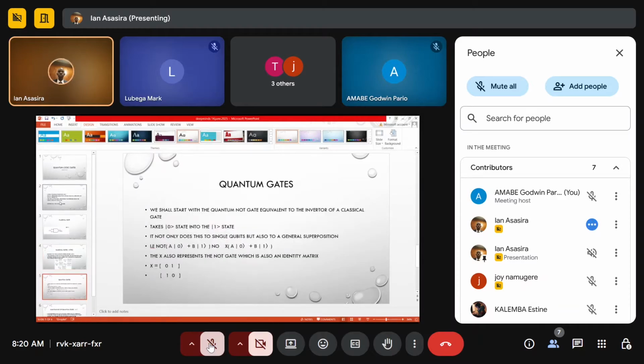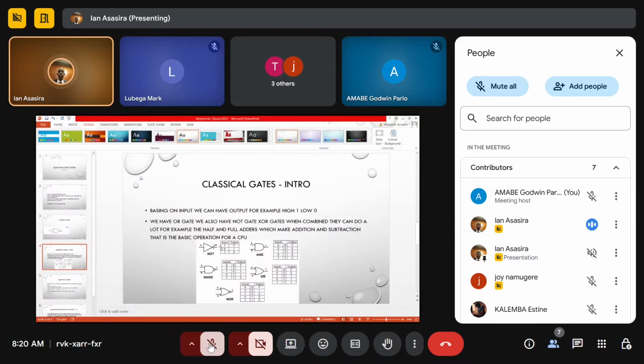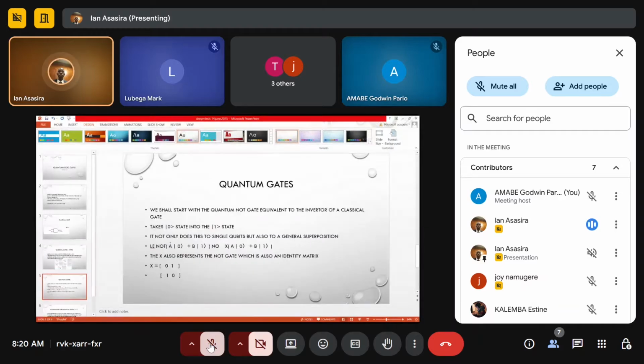So, quantum gates equivalent to classical gates. The first one is a quantum NOT gate. It takes the state 0 and turns it into state 1, so it just inverts. It's like this classical gate here. It's represented with an X, you can see this X here, and it turns one state into the opposite.